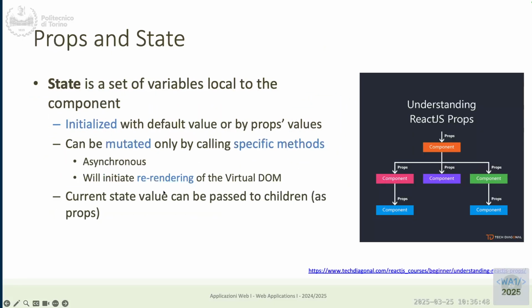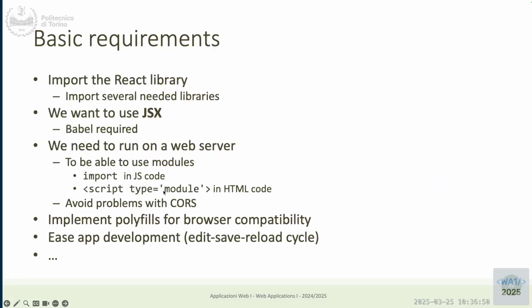Let me just skip to the practical, then we can go back to the concepts. Since we are not writing directly in JavaScript, and we want to use this JSX syntax, which is not understood by the browser itself, our code needs to be translated.